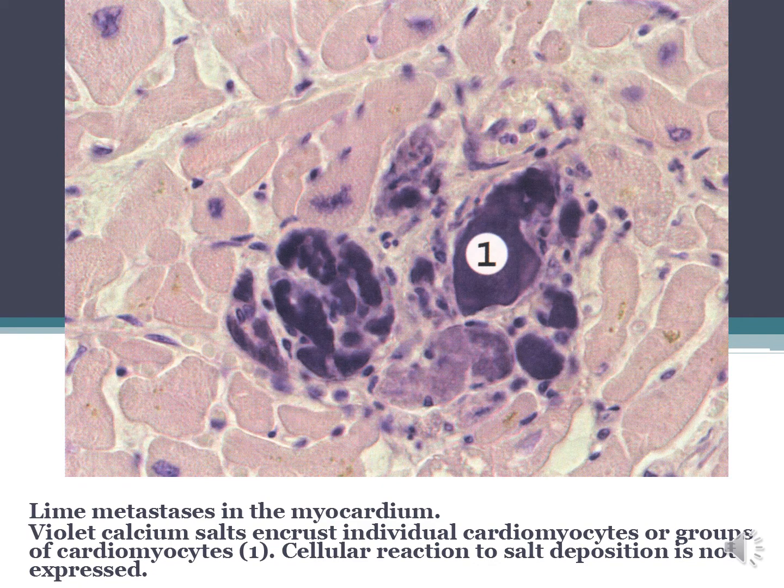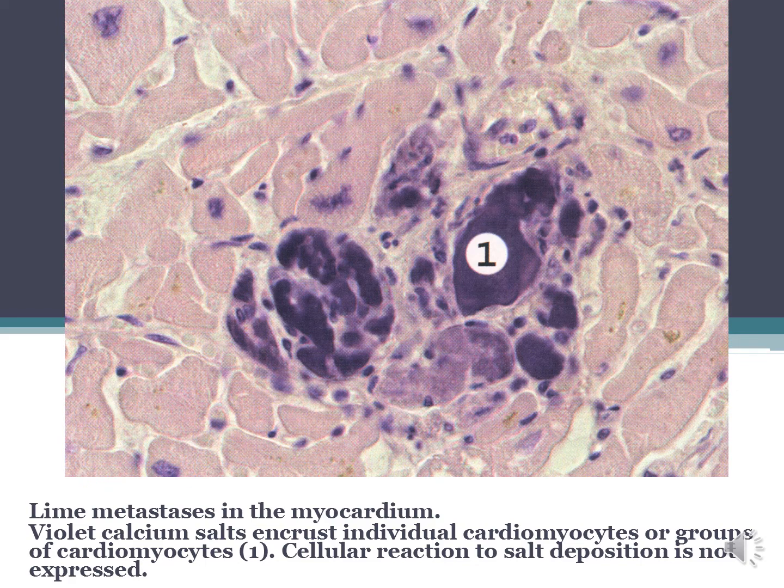Here we see metastatic calcification in the myocardium. These violet calcium salts encrust individual cardiomyocytes or groups of cardiomyocytes, and we can't see any expressed inflammatory reaction.